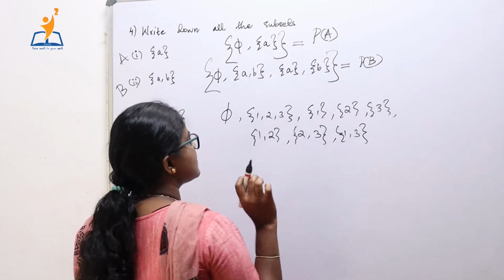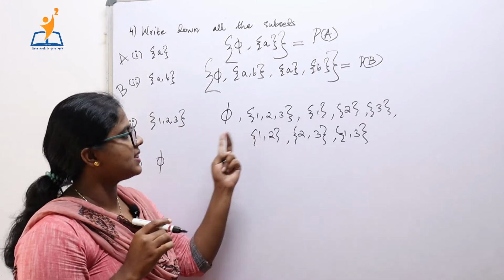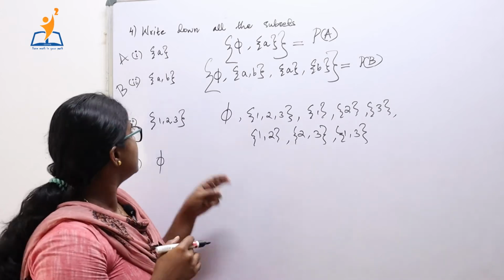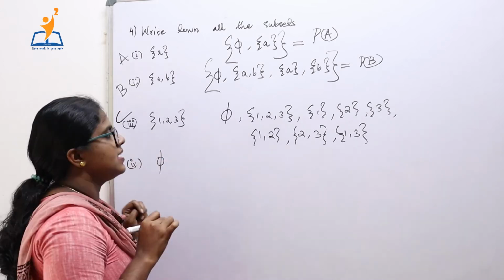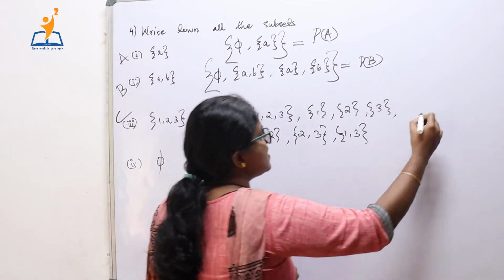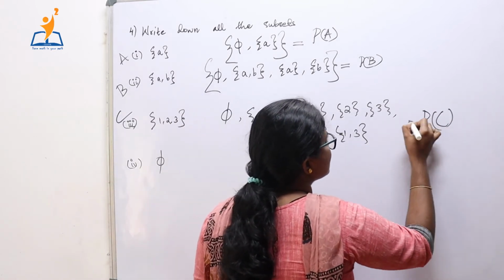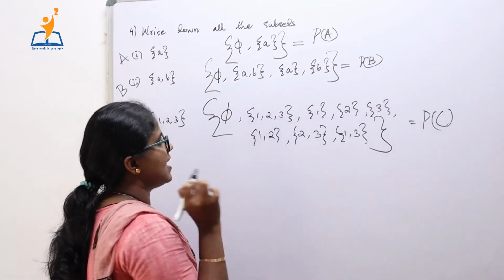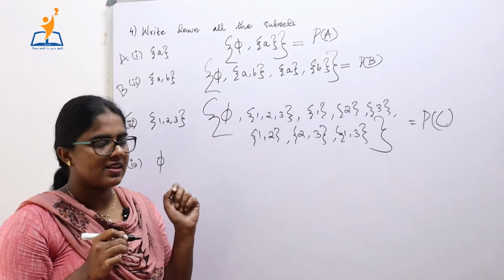Now the remaining one is the subset containing 3 elements that we have already written. So these are the subsets of this particular set, say C. Now the power set of C is the set of subsets of this set, that is written like this.